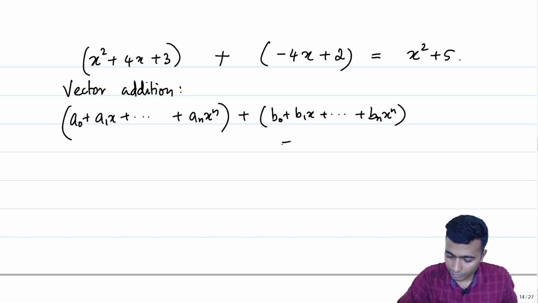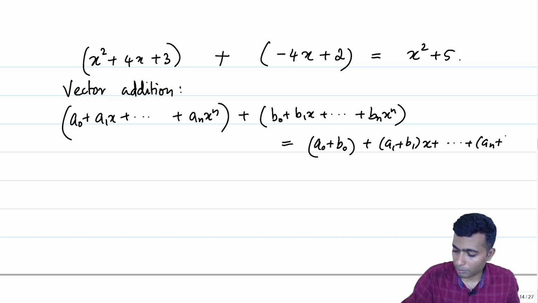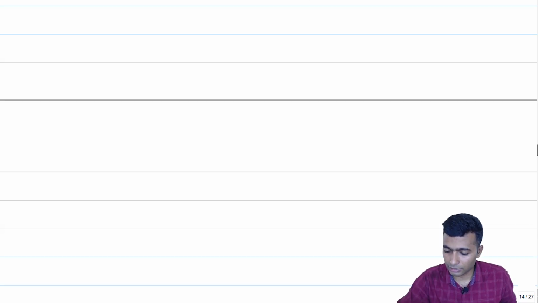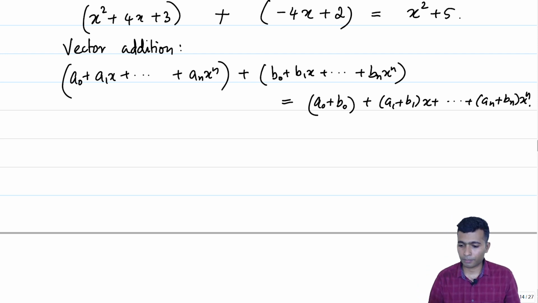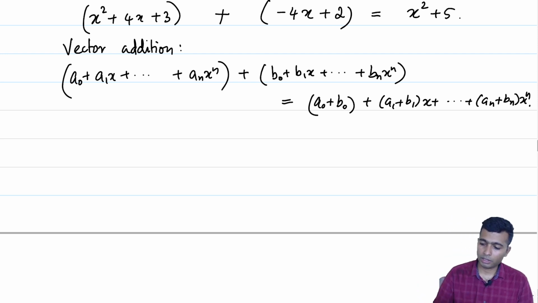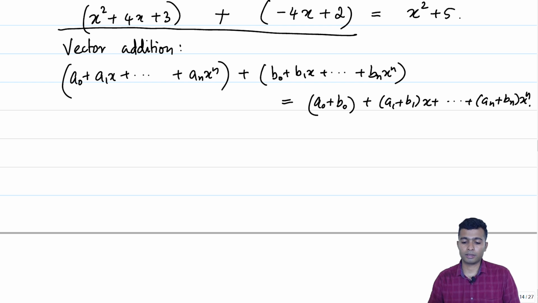And what do we get? We get a0 plus b0, plus a1 plus b1 times x, up to an plus bn times x to the power n. So, when we are writing it like this, the doubt that can crop up is whether we are considering cases like the example here.